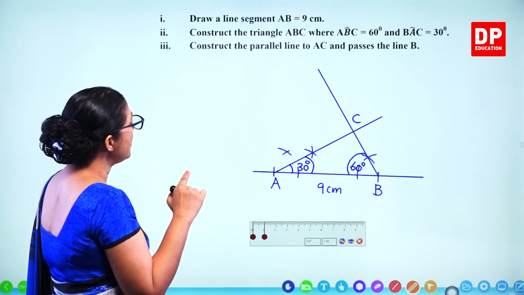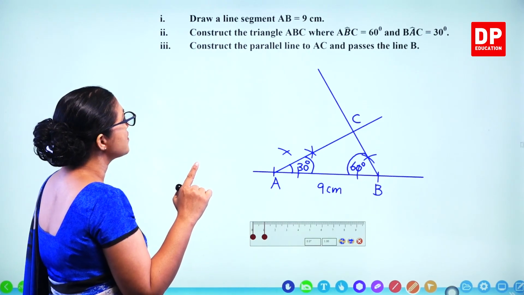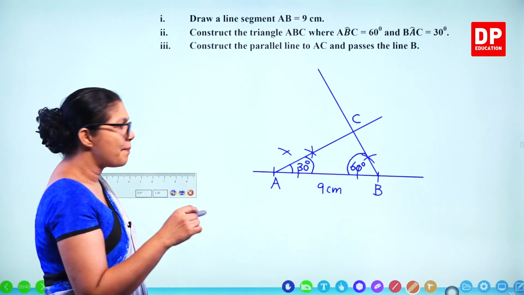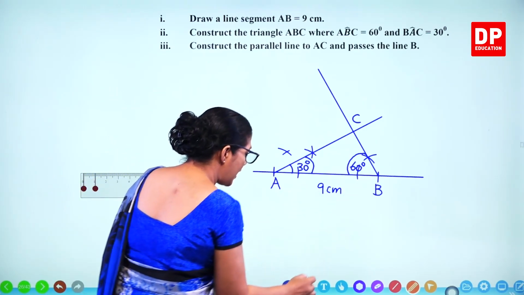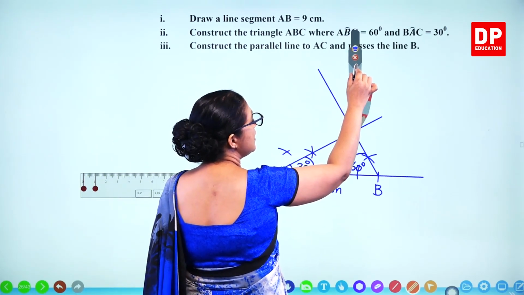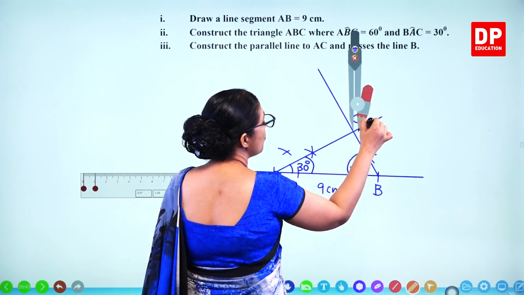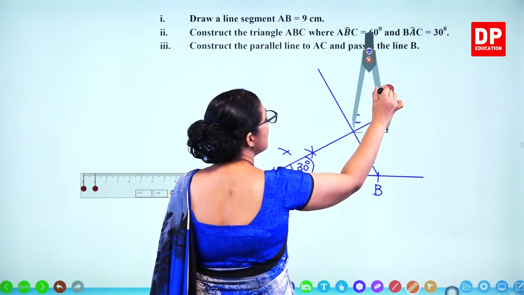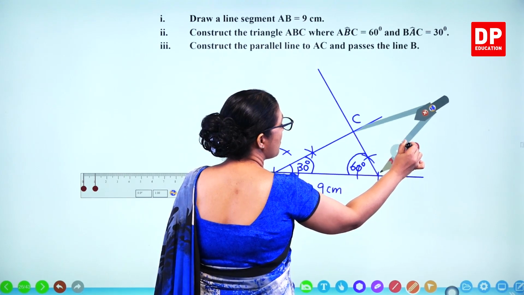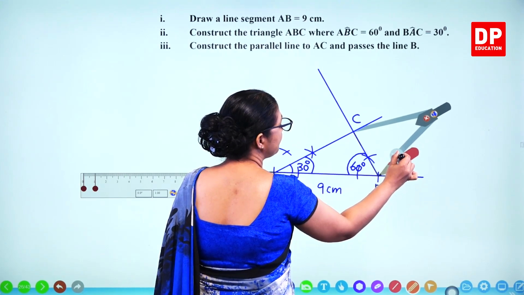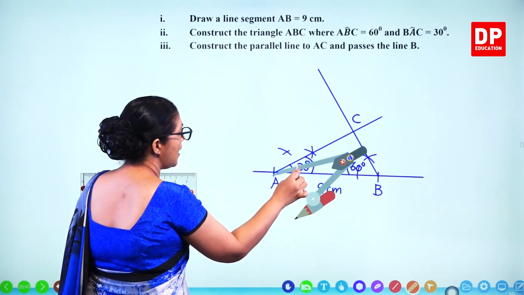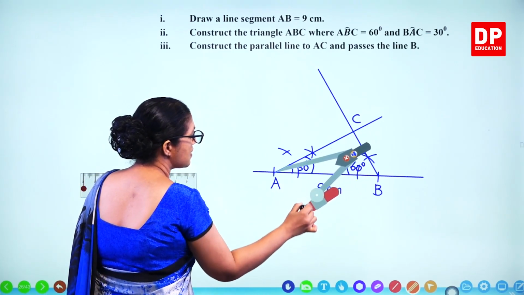Construct the parallel line to AC that passes through B. We'll use the parallelogram method. So we create a parallelogram so that automatically the line is parallel. So you take this distance. Opposite sides are equal in a parallelogram. This distance, you keep it here and mark the same distance there.